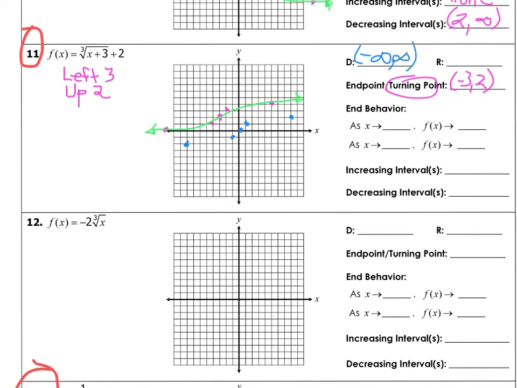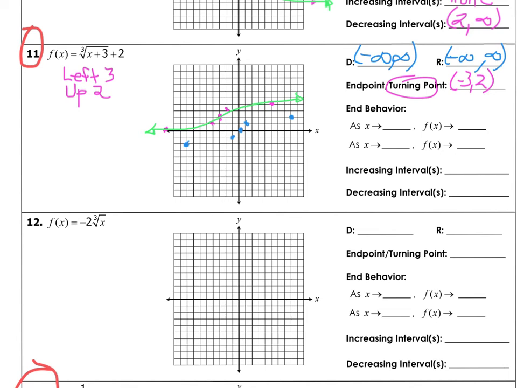Our lowest range value is going to be down here. It continues to go lower and lower, so our lowest range value is negative infinity. Our highest range value goes up and to the right forever, so that's also infinity. So the domain and range of the cube root function is always negative infinity to positive infinity.